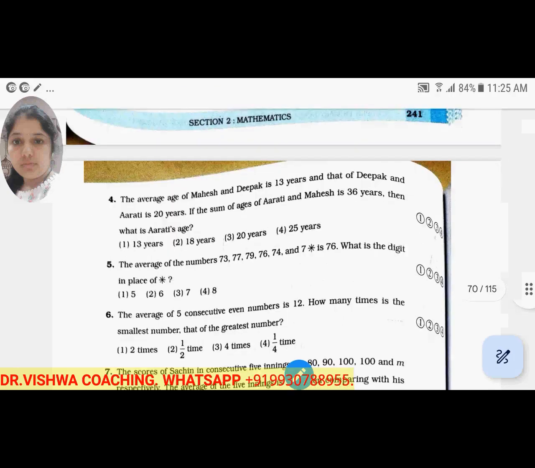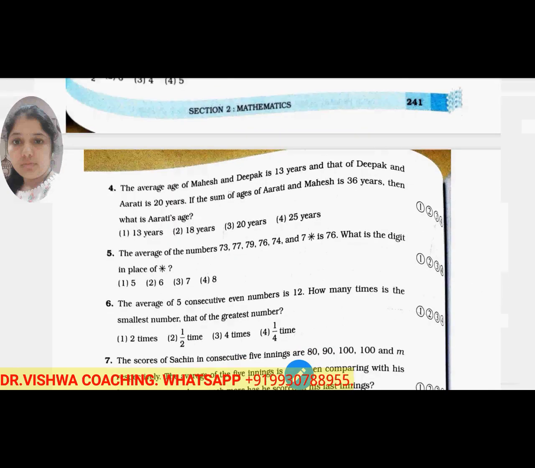Now see, the average age of Mahesh and Deepak is 13 years and that of Deepak and Aarti is 20 years. Sum of ages of Aarti and Mahesh is 36 years. Then Aarti's age we have to find out.